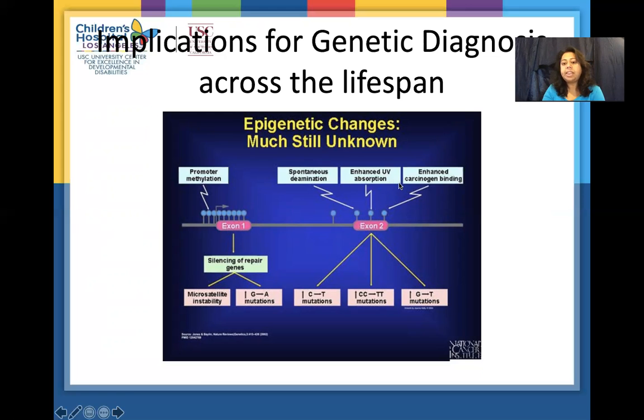So we've seen that there are carcinogens, or cancer-causing triggers, in our environment, such as ultraviolet rays or irritants like cigarette smoke. Those genes that are related to tumor suppression might be turned off by getting those environmental cues accumulated over time. And then we have changes at the base pair level that may cause different coding to occur.